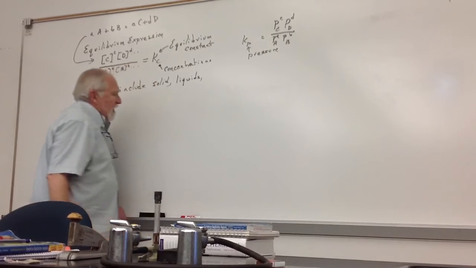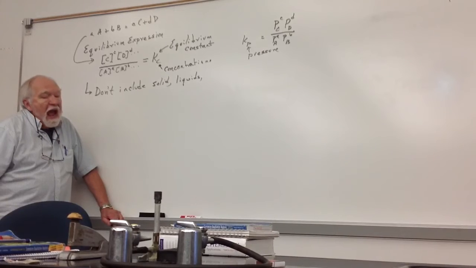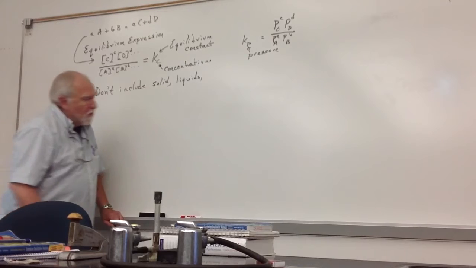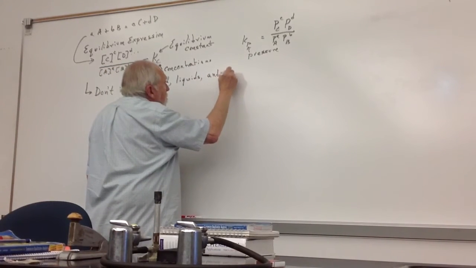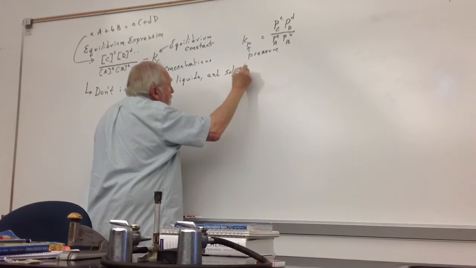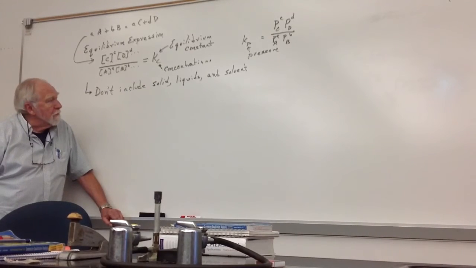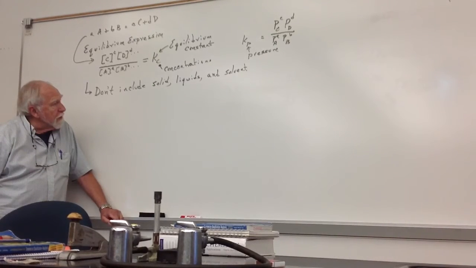And I'll rationalize that in just a minute. So we don't include solids, liquids, and when we get to acid-base equilibrium, we won't include the solvent. That's for a specific case, and we'll look at that. So solids and liquids don't go in the equilibrium expression. When we get to the part where we have different types of solutions, we don't bother putting the solvent into the equilibrium expression.